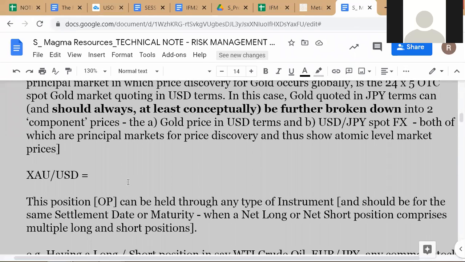Let me write it in English here, because we are not writing this mathematically as ratios; the dollar is not actually dividing it. So it's XAU USD because this is the base asset and this is the terms asset.